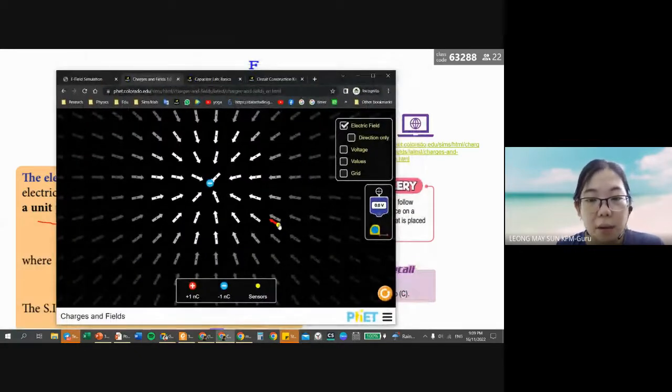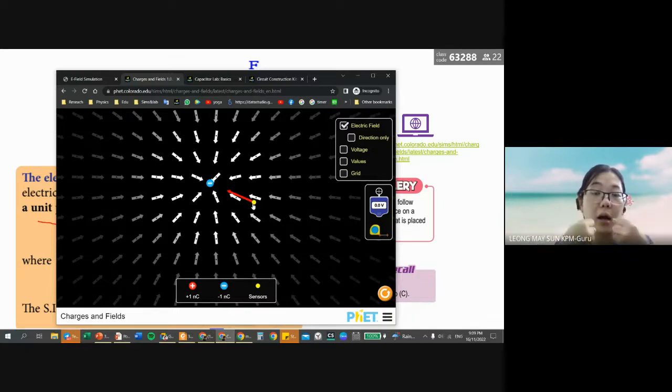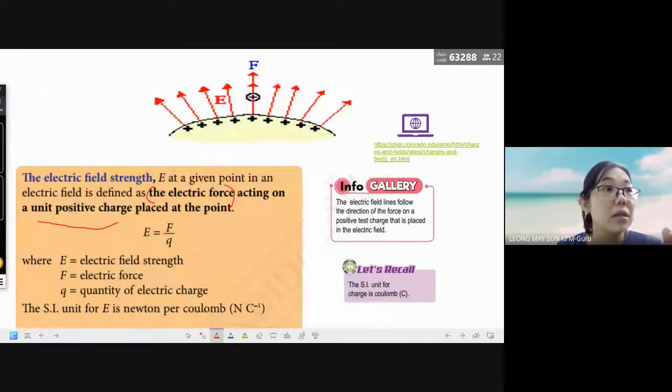So for this positive charge in a negative electric field, the closer it is to the negative charge, the stronger the attractive force, because opposite charges attract each other. The further away that positive test charge is from the main one, the weaker the electric field strength. So this is what is meant by electric field strength.